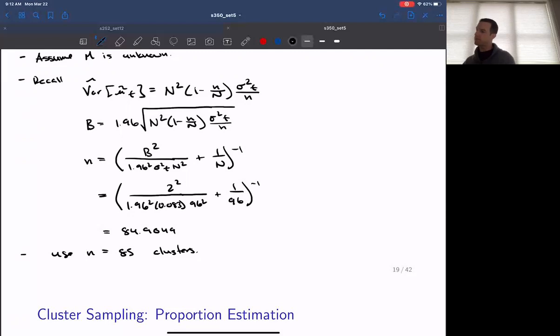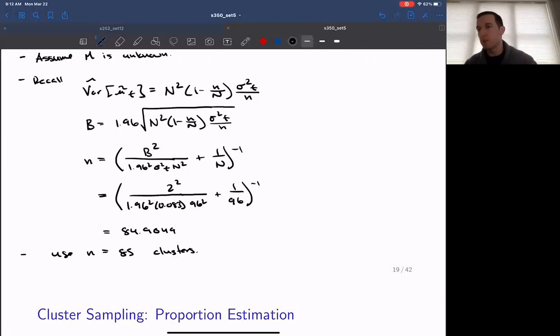All right. So again, just another sample size calculation based off of the cluster sampling approach. We've now seen 2 sample size calculations. As you will recall, when we first introduced cluster sampling, we had 2 different approaches for estimating the total of the variable of interest. One that requires that we know the number of elements in the population, capital M, and one that requires that we do not.